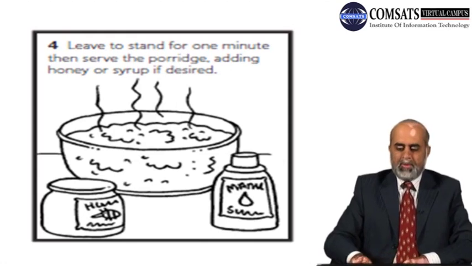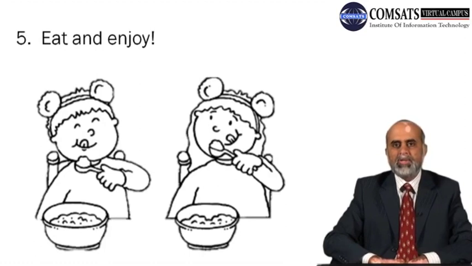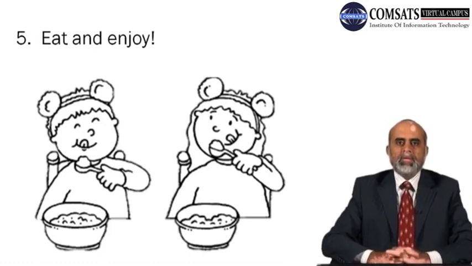So you see that there are 5 steps involved in making porridge. The first 4 steps are essential for making the porridge, and step number 5 is eat and enjoy, the last step. So you see, in this very easy instruction, we looked at 2 sections.